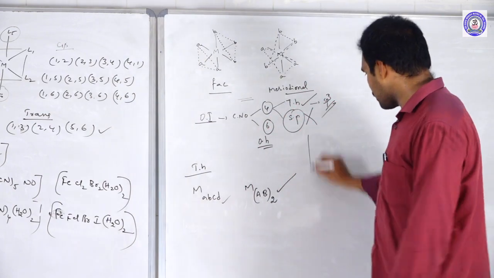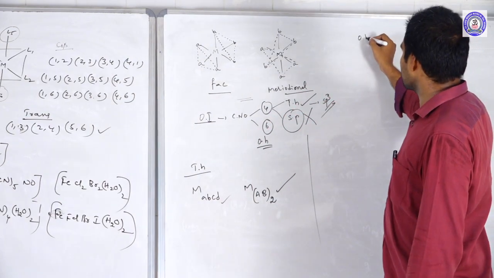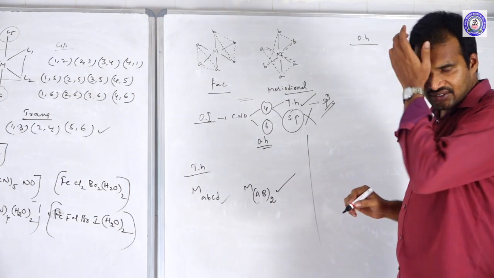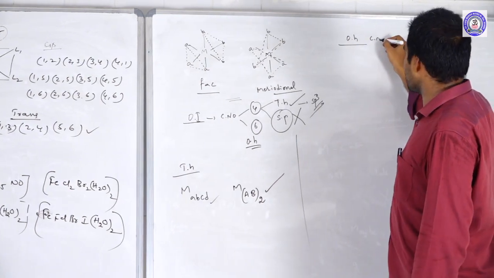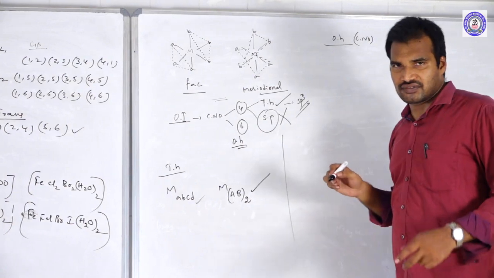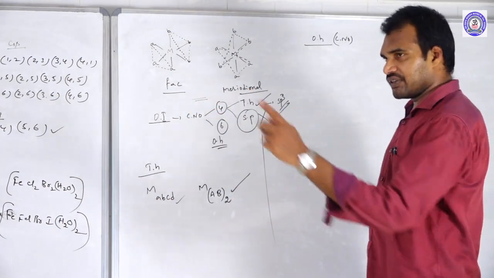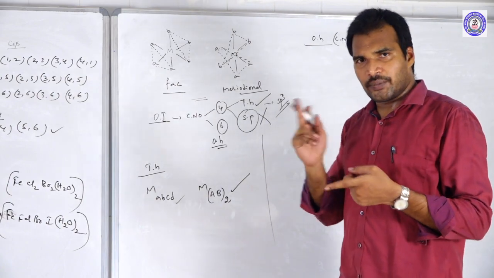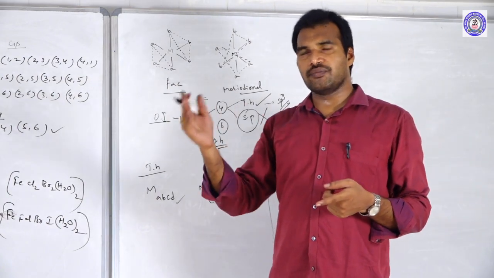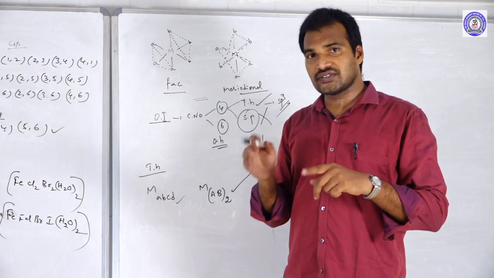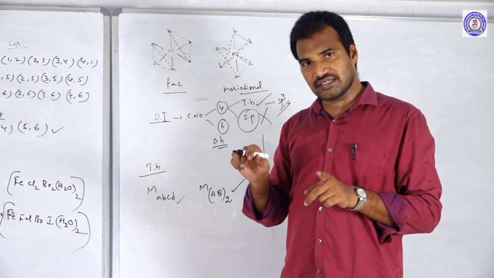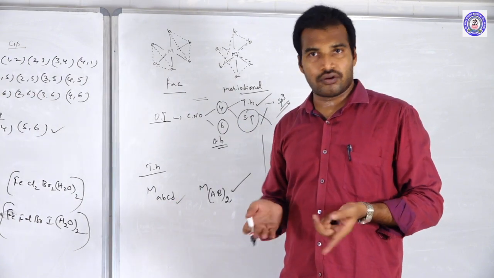Next, move to the octahedral complexes. Which octahedral complexes will show optical isomerism? Let us rewind. First of all, MA6 will never show. Coming to the A5 series, MA5B will never show. Next, the A4 series will never show. Why? Because MA4BC also does not have four different groups.